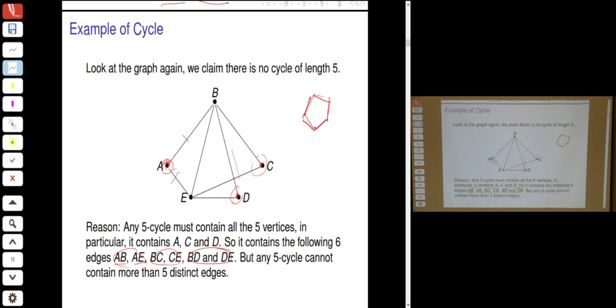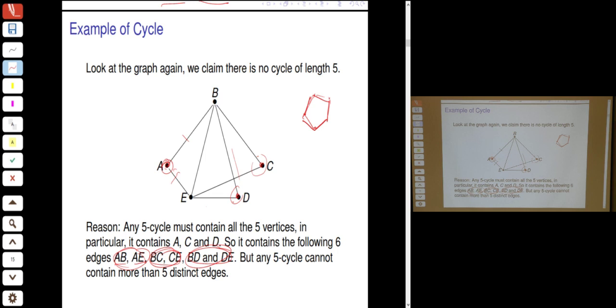So if there was a 5 cycle in this graph, a cycle which traverses all the 5 vertices without any repetition of edges, then such a cycle can have only 5 edges. But if such a 5 cycle had existed for this particular graph, then by natural logic all these 6 edges must be present, so the cycle must contain at least 6 edges. So this is not possible.